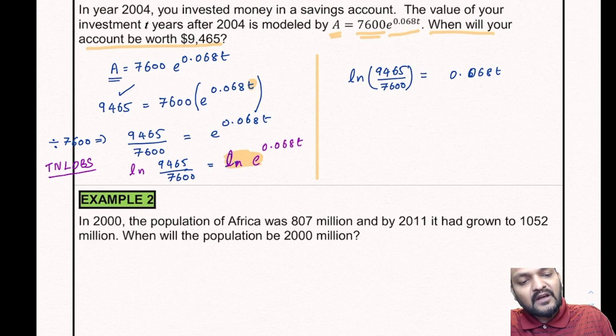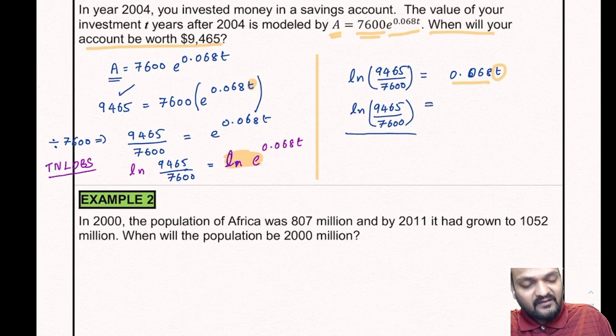Again, my goal is to figure out t. To isolate t, I am going to divide both sides by 0.068. When I do that, my left-hand side is ln of 9465 over 7600, and the whole thing is divided by 0.068. That should be equal to t.